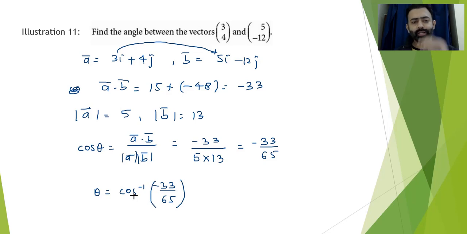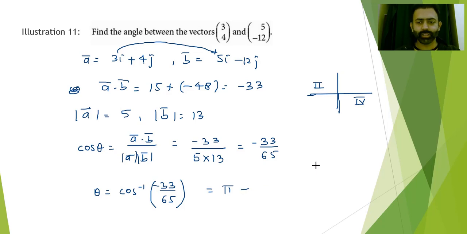Now as you can see, the cos inverse value is negative. In the first quadrant all the trigonometric ratios are positive, but cos remains negative in the second and third quadrants. So whenever there is cos inverse of a negative, you write this as pi minus.